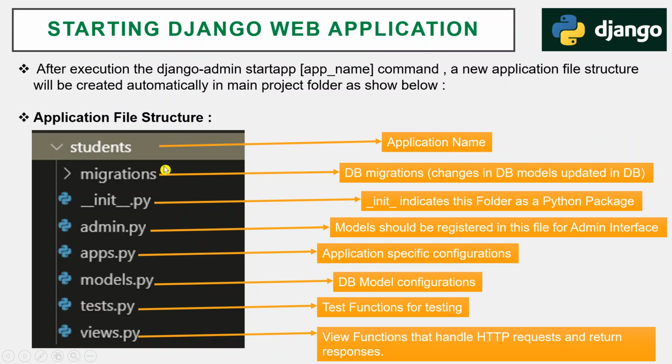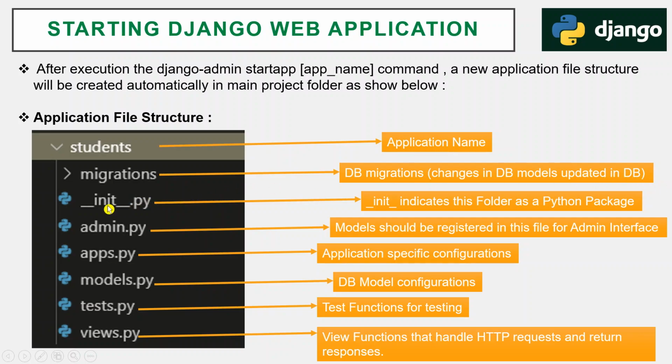We are still in the initial stages only, and these are advanced topics, right? So for now please remember this migrations folder consists of database related items. It represents the changes in the database models, which should be updated in the database server.